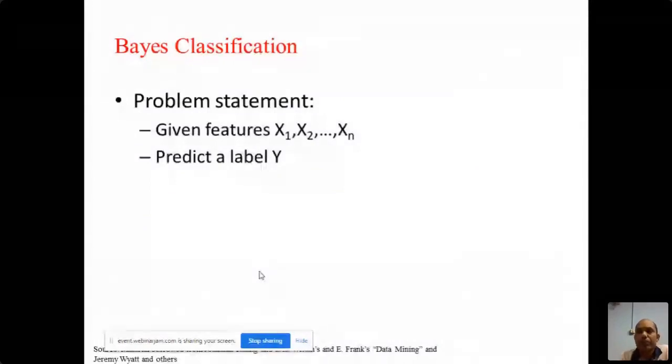So here you have to give the features for the new data point. x1, x2, xn are the features for the new data point. Then this is the class label in the training data set. So based on these features for the new data point, you have to decide which class it will belong to.